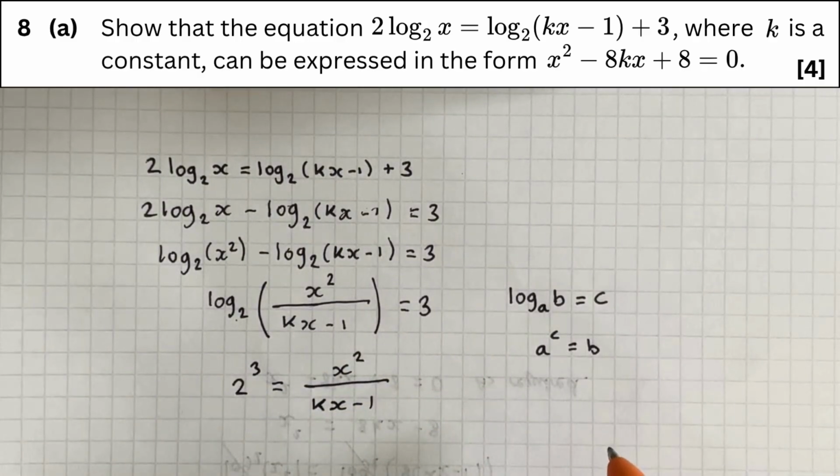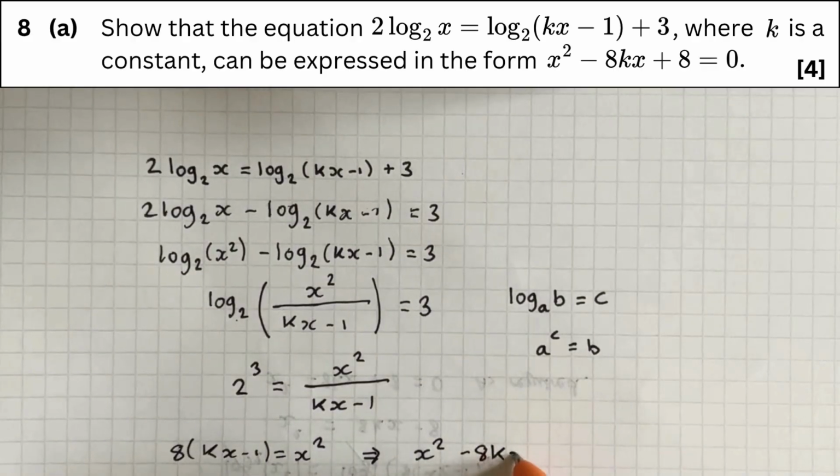Once we've done that, we can then times it by that denominator, 2 to the power of 3 is still 8, so I'm going to write 8 times kx minus 1 is equal to x squared, which then tells us that if we subtract the 8kx onto the other side and add the 8 onto the other side, we get the same answer again.